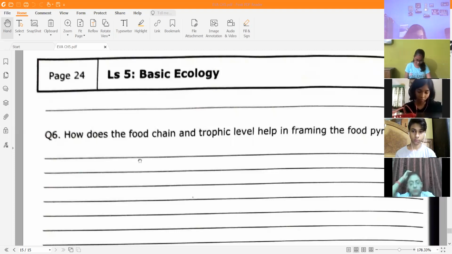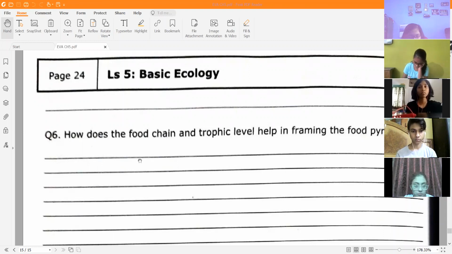Listen very carefully. In a food chain, as we move up the different trophic levels, whether the energy is getting transferred or we are talking about the number of organisms, when it is represented graphically, we get a pyramid, right?